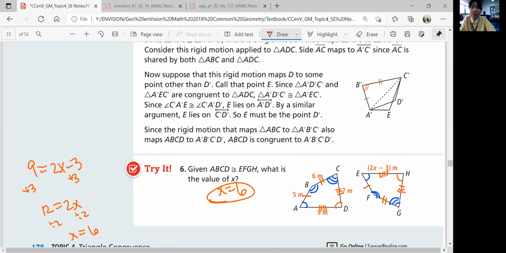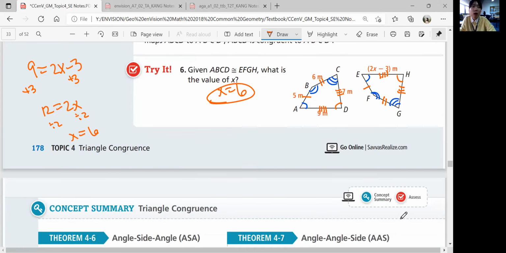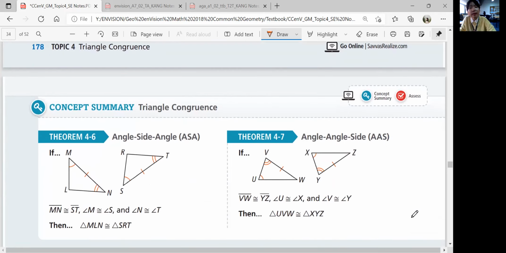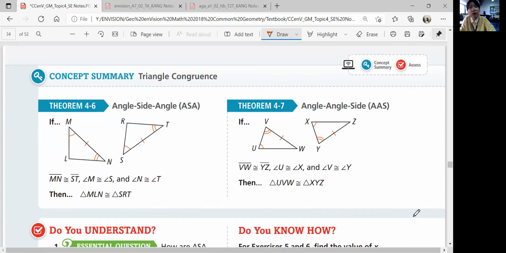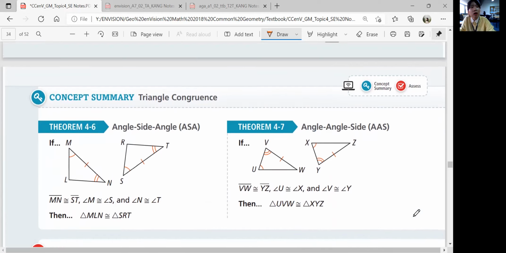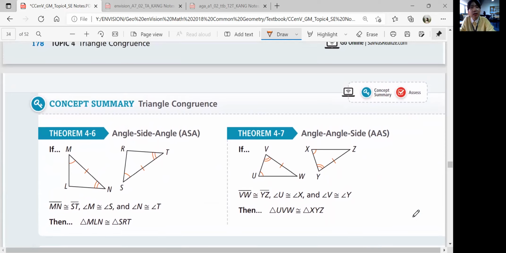That's it. All right, so what did we learn in this lesson? We learned more theorems about triangle congruency. So theorem 4-6 is the angle-side-angle theorem, having 2 angles that are congruent and the included side that's congruent.